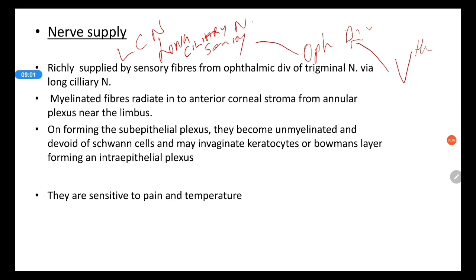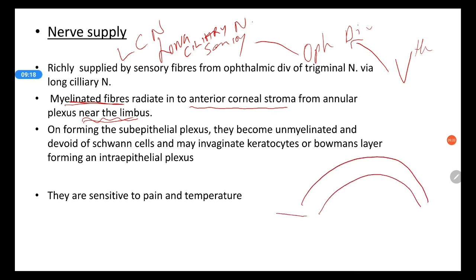Initially these fibers are myelinated, when they are at the limbus.